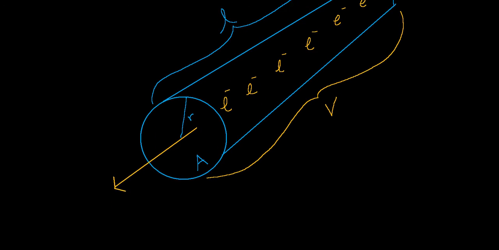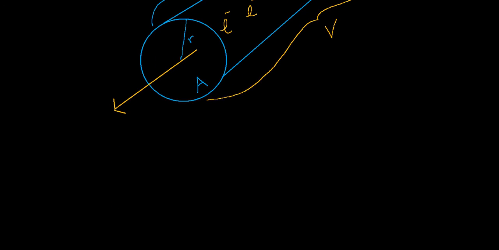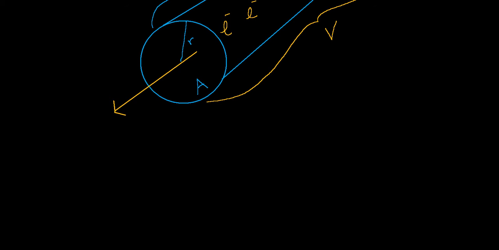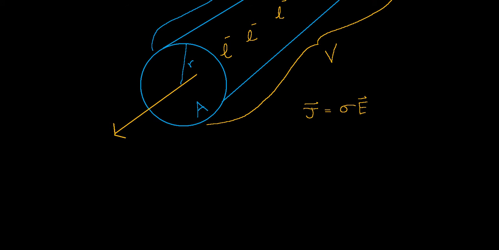Now the first concept that I want to introduce is the current density. The current density vector that we call J is equal to sigma times the electric field E. Let me clarify what this means. First of all, the current density means the amount of current flowing into this conductor divided by the area.